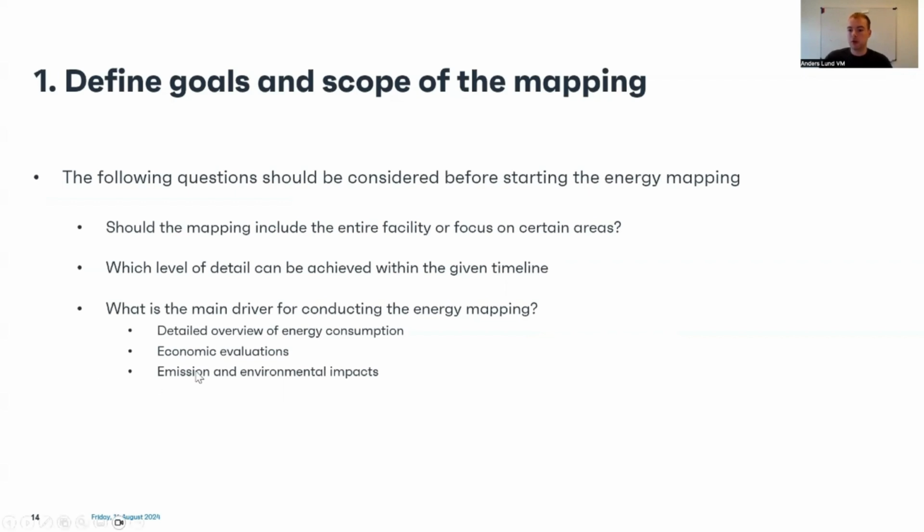And also, is it economic evaluations, or is it meant to be focusing on emissions and environmental impact? Is it better to focus on the electrical parts or the thermal parts? This is a thing that you have to understand from the beginning of the energy mapping process, that it's important to know what the mapping should be used for.